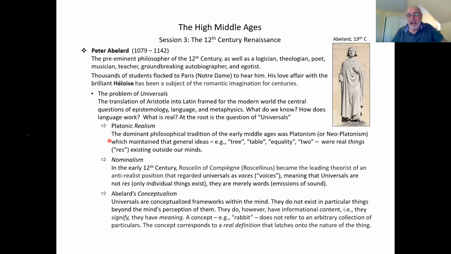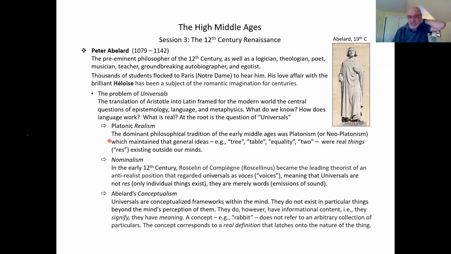I can't do justice to all of it, but I can focus on two very significant figures, one of which Pierre Abelard, the greatest philosopher of the 12th century, the greatest European philosopher of the 12th century.